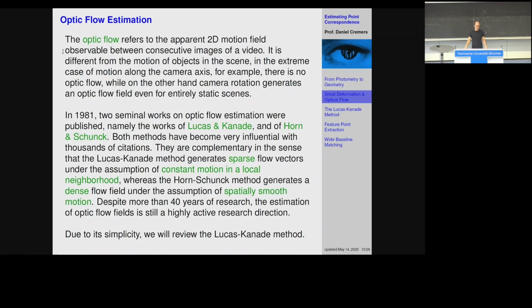But then 1981 is a year when things happened. Important breakthroughs came about, and there are two breakthroughs that happened pretty much in parallel. One is by Lucas-Kanade and one is by Horn and Schunck. Both of these papers were two of the most influential papers in computer vision in the 80s.